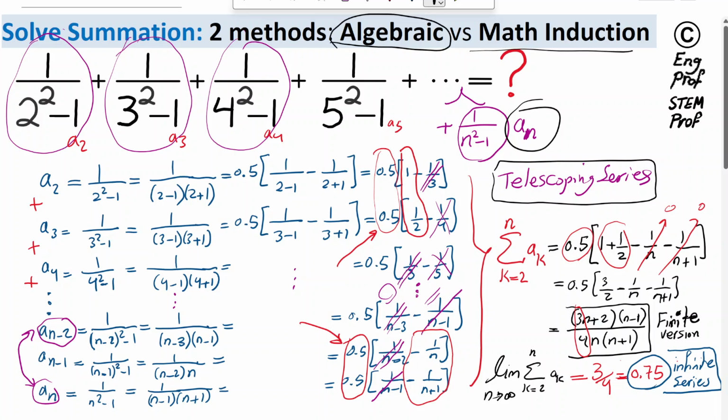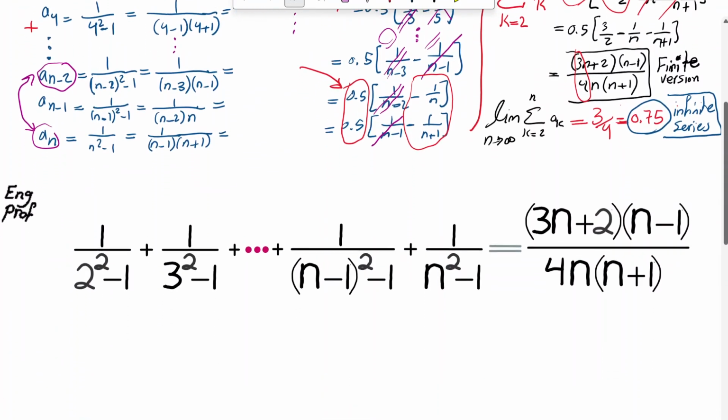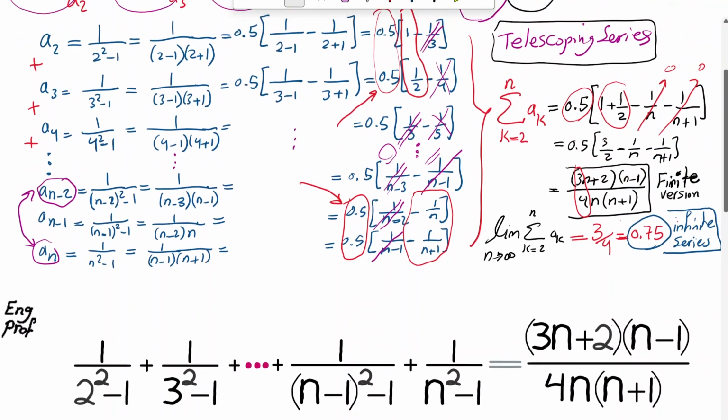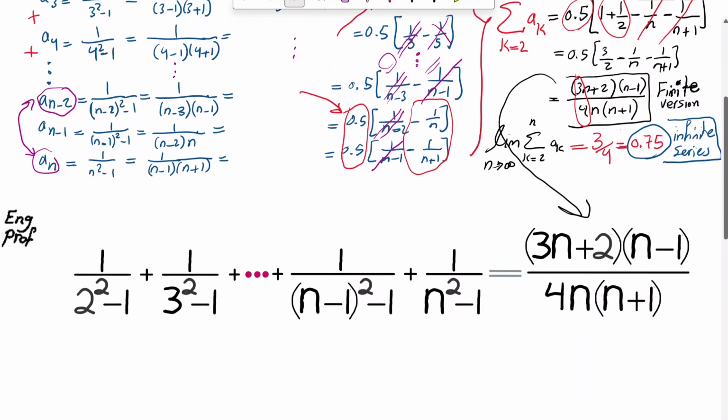For the mathematical induction, I'm going to just quickly start with this. As I showed you before, for the finite version, we have this formula that I have rewritten here.